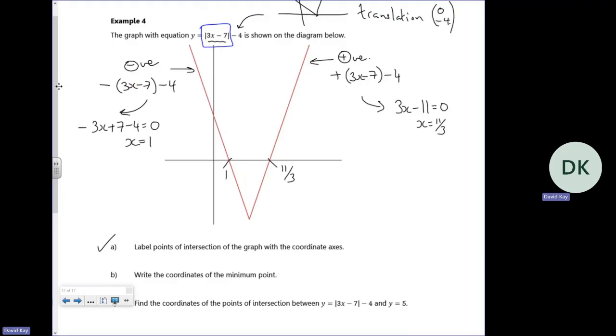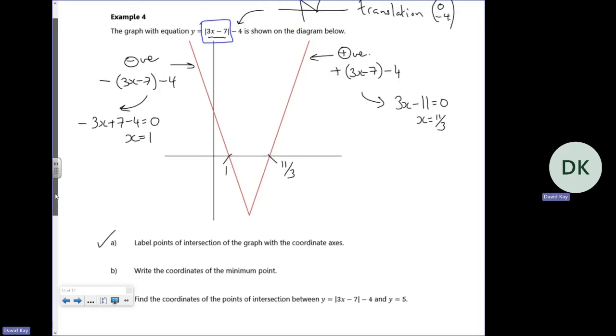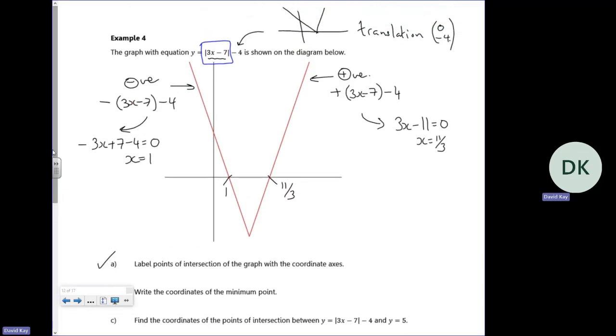The question says write down the coordinates of the minimum point. So before, when it was just 3x minus 7 for that part there, if I set y equal to 0, I've got x is 7 over 3. So I know that the x value, in line with the line of symmetry, I guess you call it, is 7 over 3.